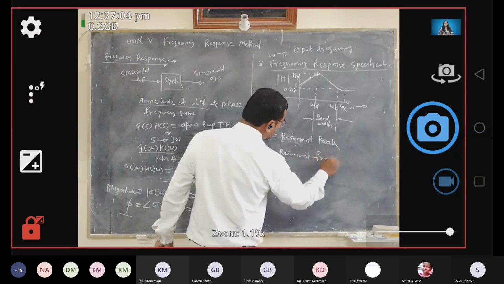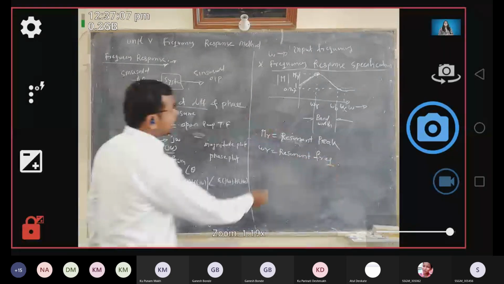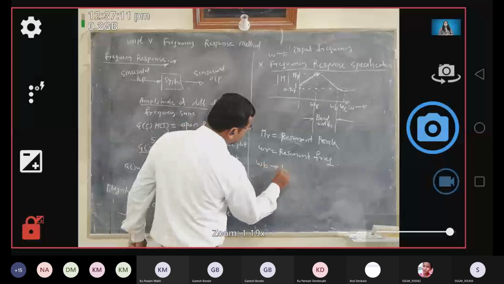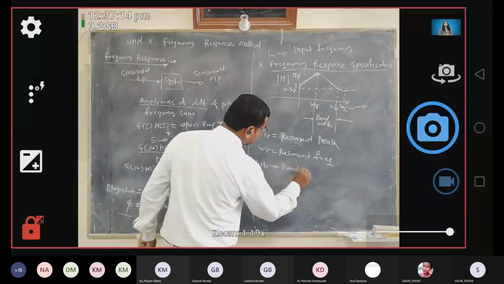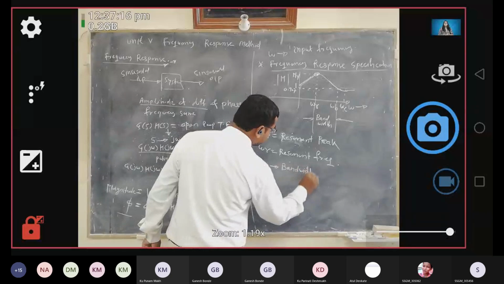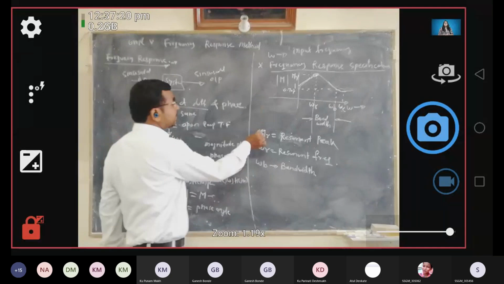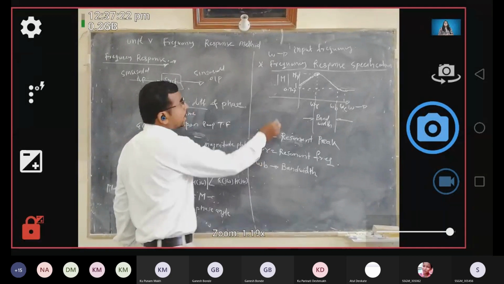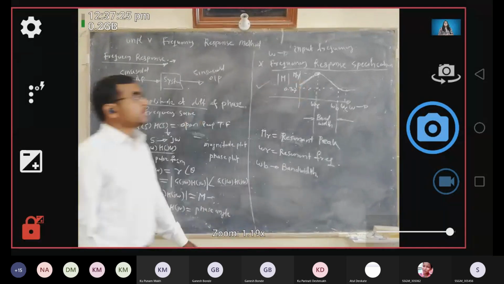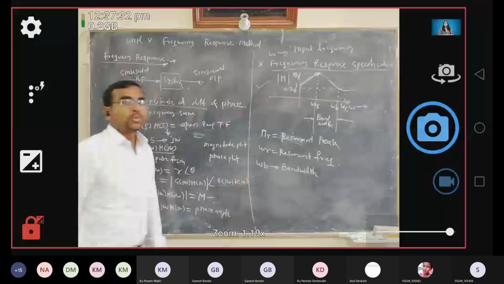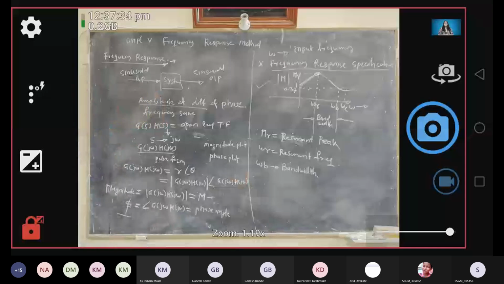The third frequency response specification is omega b, which is called bandwidth. So these are the three frequency response specifications: Mr, omega r, and omega b, and they can be represented in this figure. Mr is analogous to the peak overshoot in the time response specification.